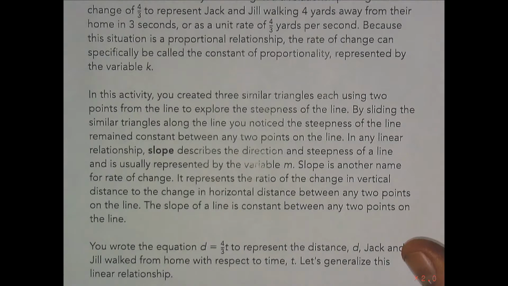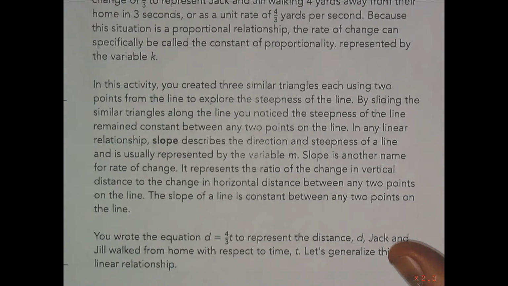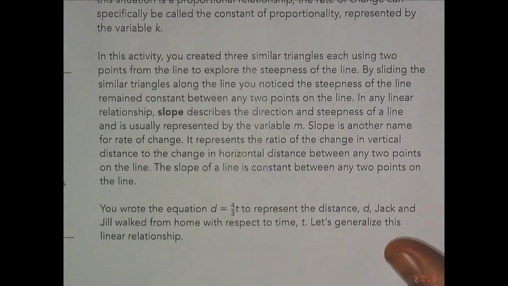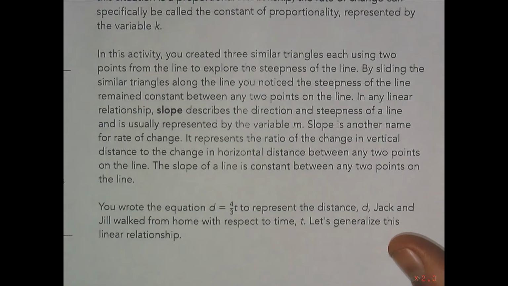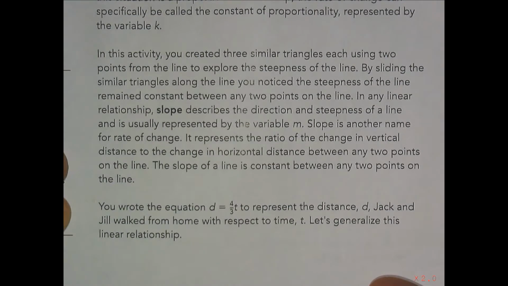Because this situation is a proportional relationship, the rate of change can specifically be called the constant of proportionality, represented by the variable k. In this activity, you created 3 similar triangles, each using 2 points on the line to explore the steepness of the line. By sliding the similar triangles along the line, you notice that the steepness of the line remained constant between any 2 points on the line.